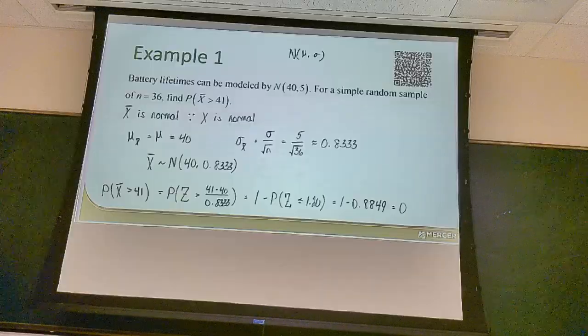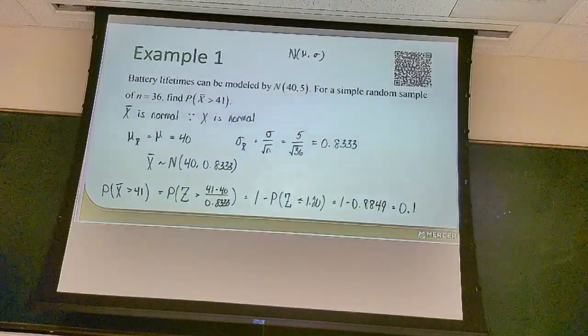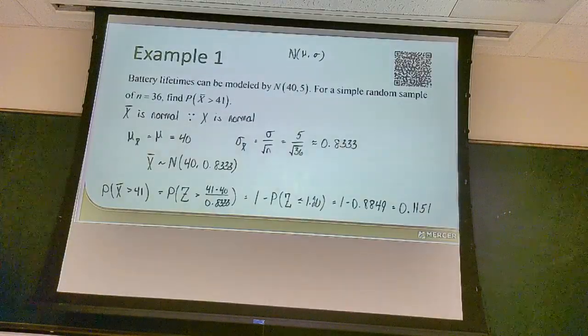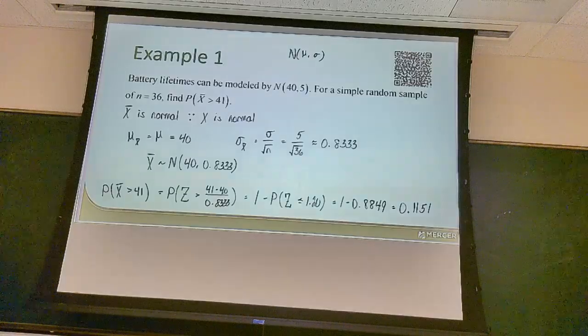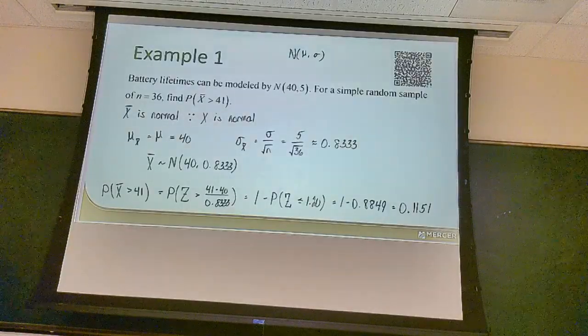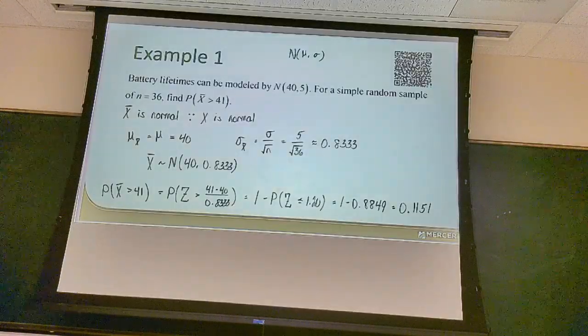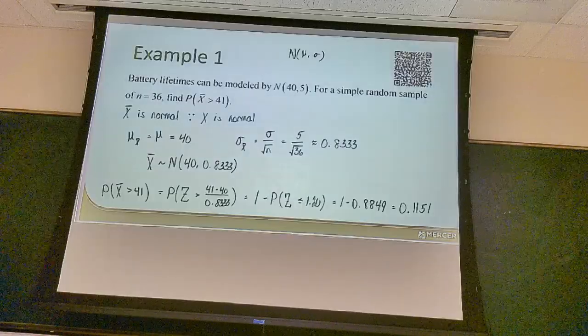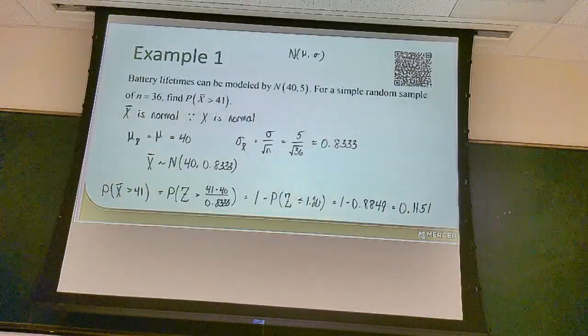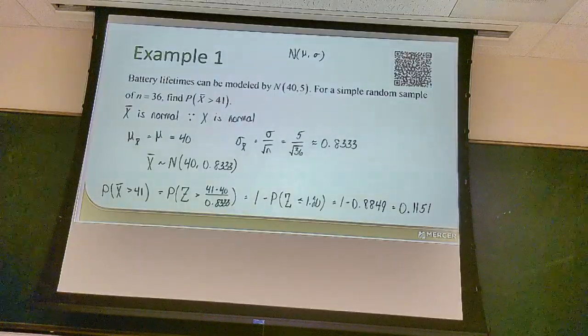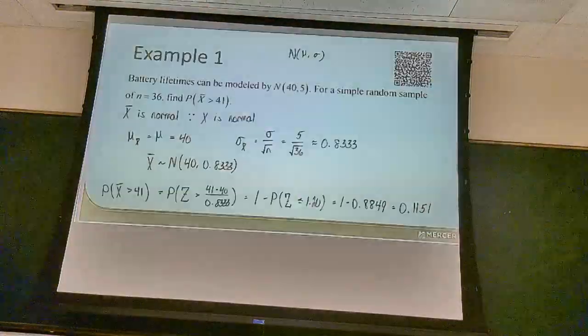That's going to be what? 1 minus 0.8849 is 0.1151. Just make sure I read that: 0.8849.